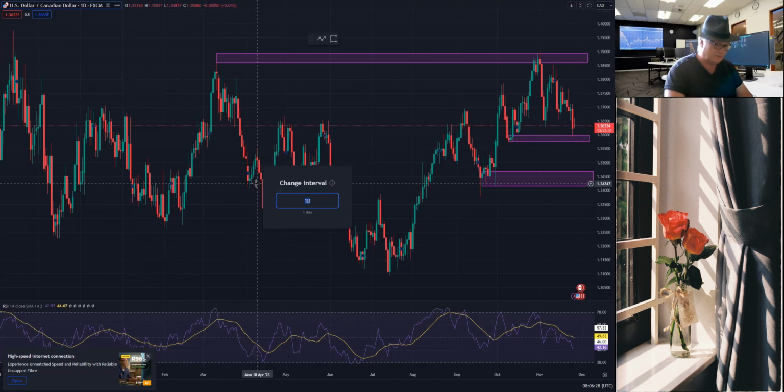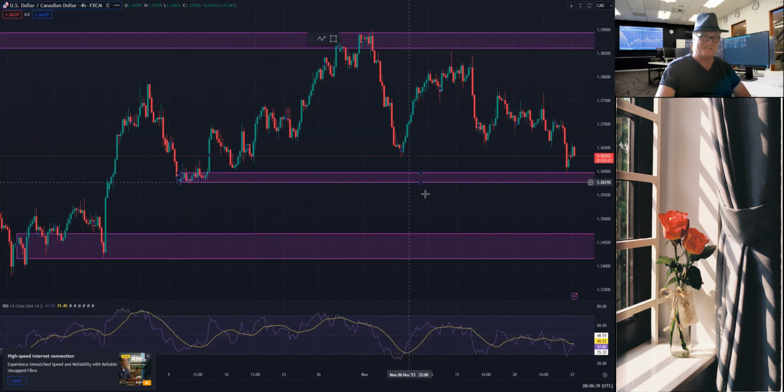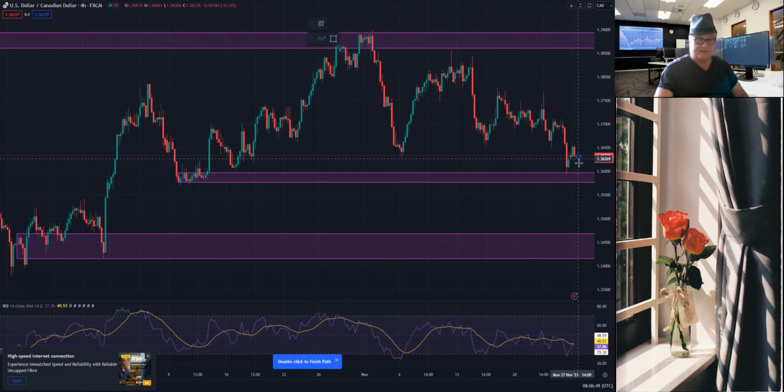There we go, 4H. Now if you look at this on the 4 hour, you get a much bigger picture. If I follow this, it might actually come down to this area, and then bounce and shoot straight back up again, because it is trading in this range.